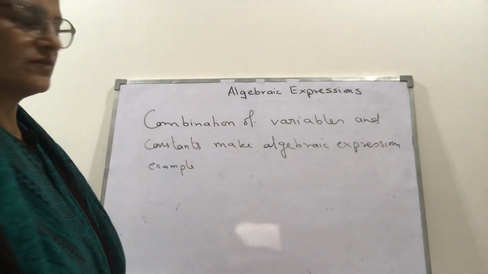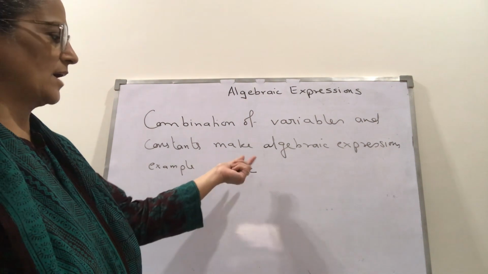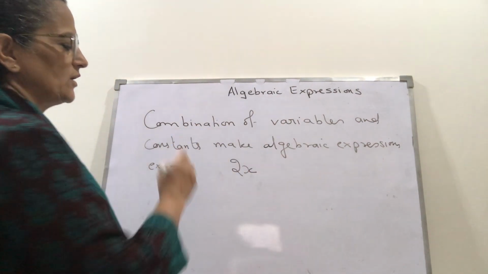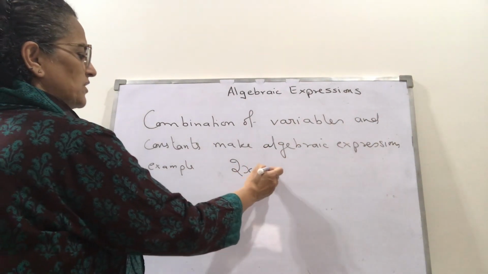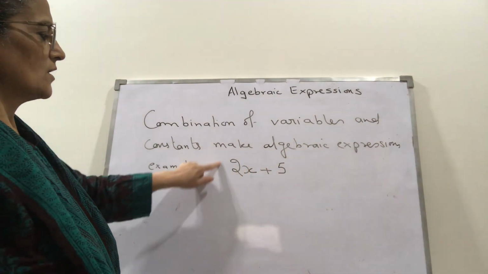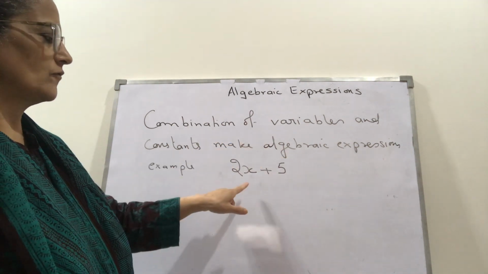Now we have learnt variables are named using small letters. I am taking x. If I multiply it with 2 and add 5 to it, this is a combination of the constants and the variables.